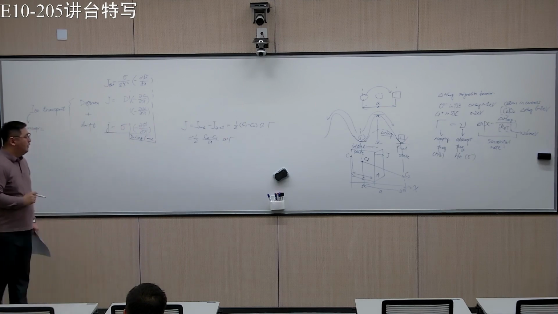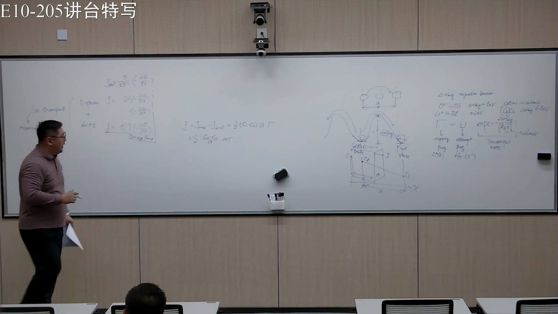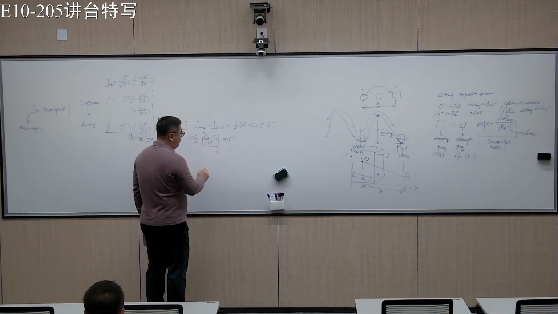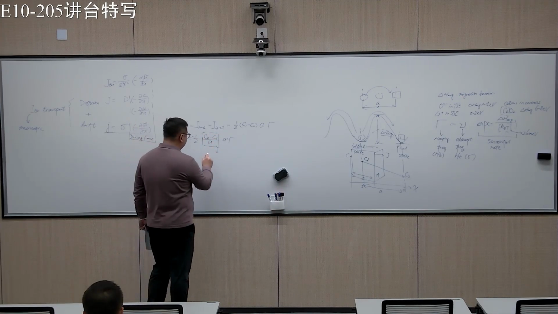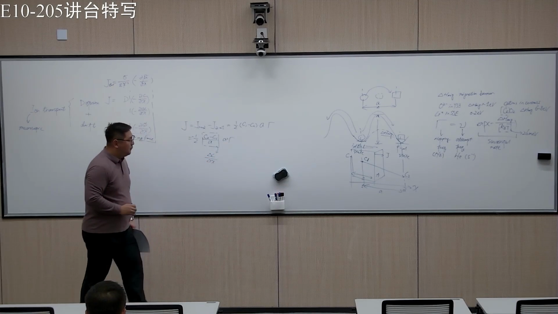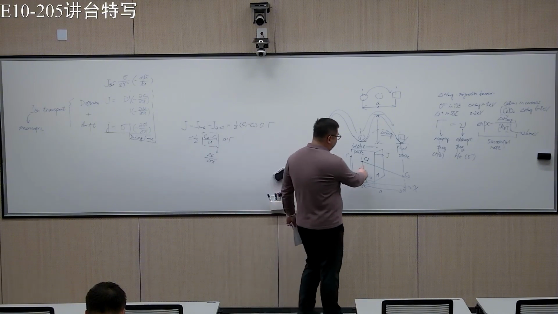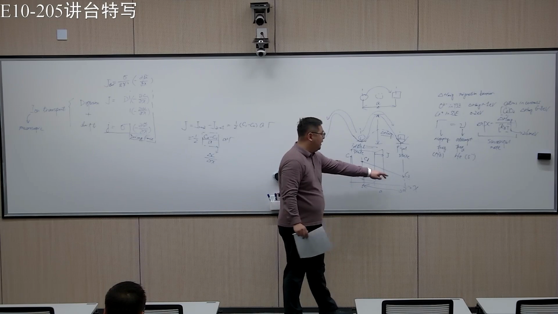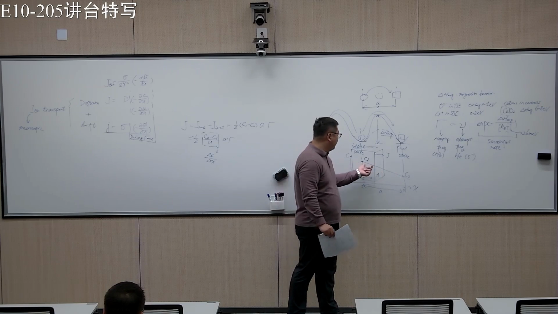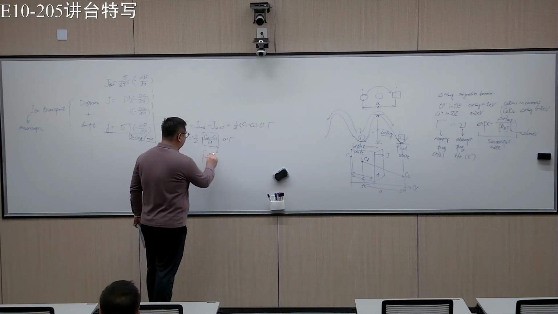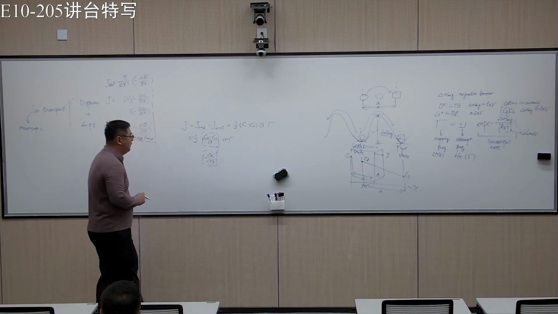What you can recognize is that this part is basically the concentration gradient. If we assume that it's linear, that's basically the difference between C1 and C2 divided by the interatomic distance. So this part is basically the concentration gradient.